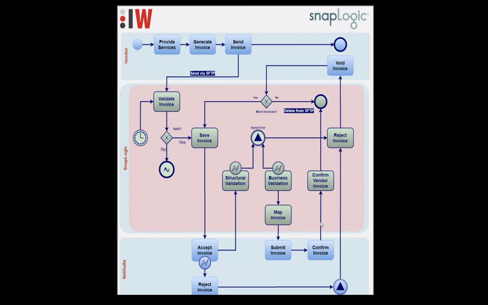Once the invoice is confirmed from the NetSuite side, we confirm that the invoice is created, and we delete the input file from the SFTP in order to prevent that file from being executed again and a new invoice from being created.